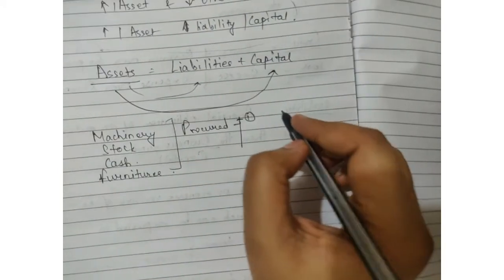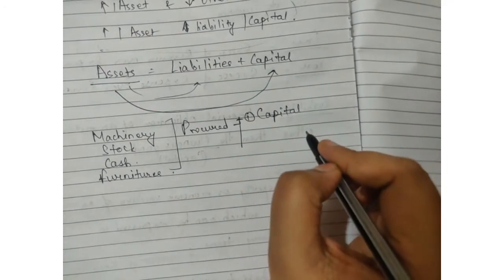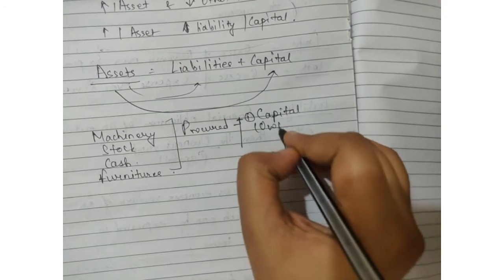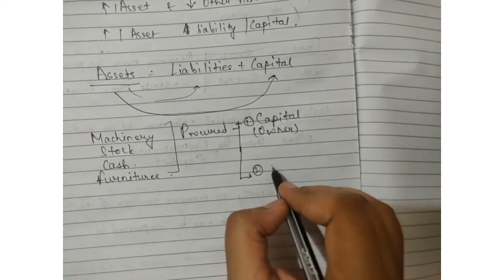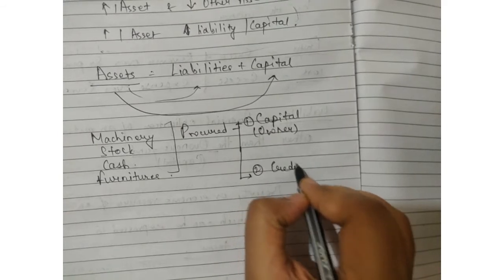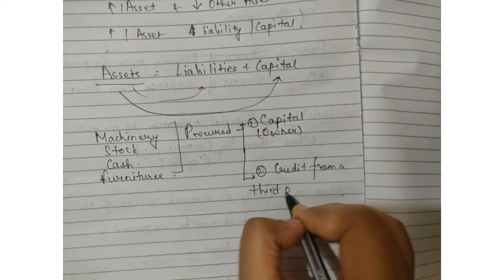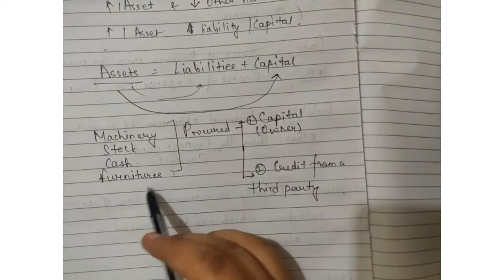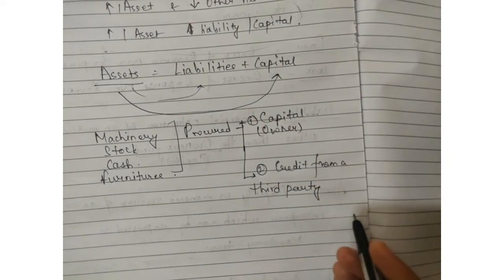First, you have brought it from your own pocket, so it will be a capital if it is introduced by the owner, or you can take it on credit from a third party. Say you can take a loan or a creditor or such things. So the assets will either be financed by way of capital or by way of a liability.